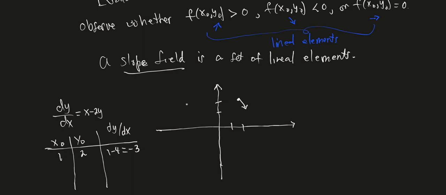Let's pick a point in the second quadrant. So let's say (-2, 1). If I plug negative 2 in, then I'll have negative 2 and then minus 2, so negative 4.